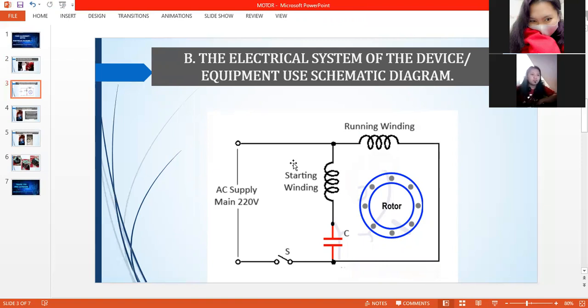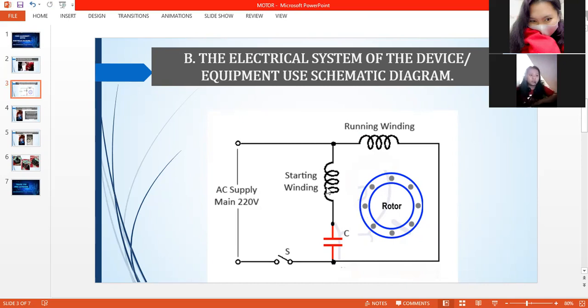So we have here the AC supply mains, which is 220 volts. That is the usually used AC supply. Then next we have the starting winding and the running winding, and the rotor and the capacitor. Both the starting and running windings are connected in parallel to the single phase line when the motor is started.